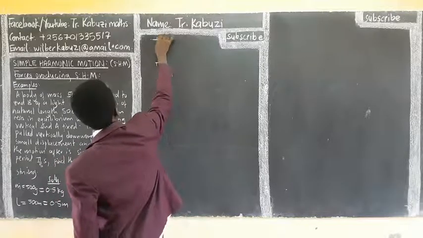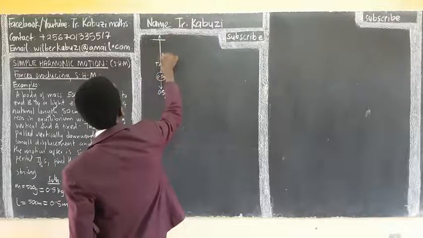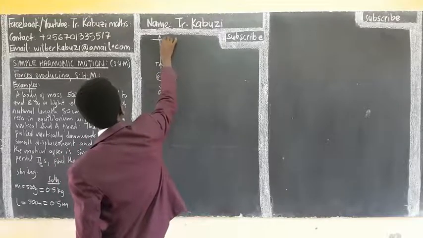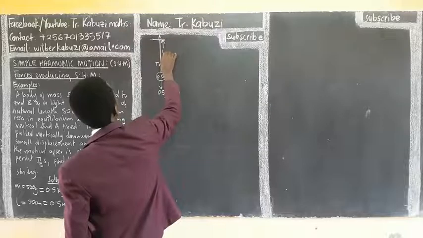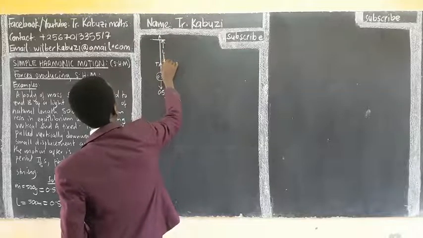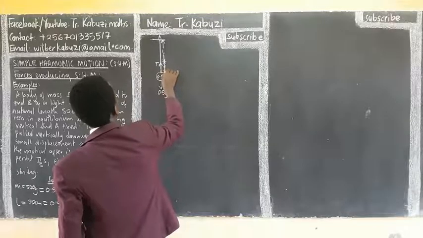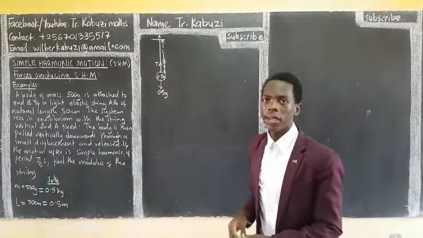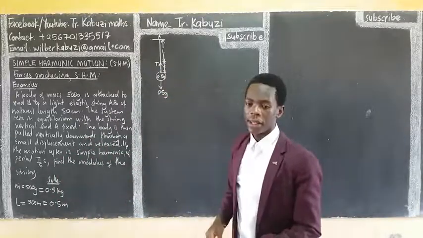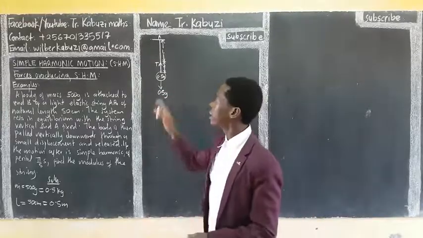This is our A. From there, we have the natural length, and then from here up, we have the extension, because after stretching the string we cause an extension, which I am calling e.